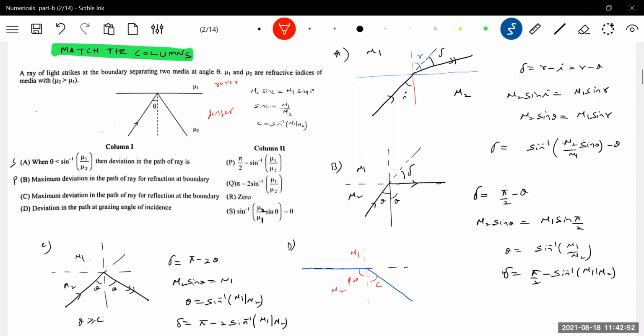Mu2, mu1. What is the equation? We can write it.